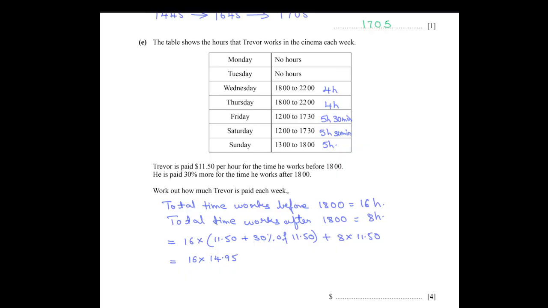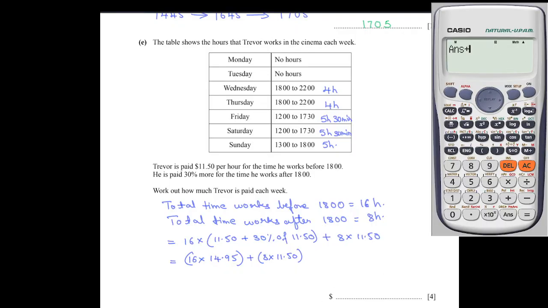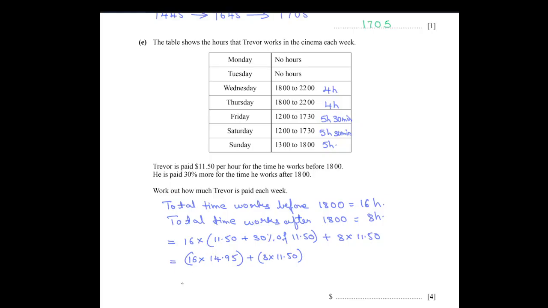Then multiply 14.95 into 16, which is 239.2.